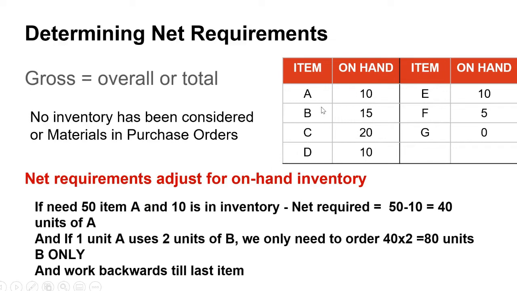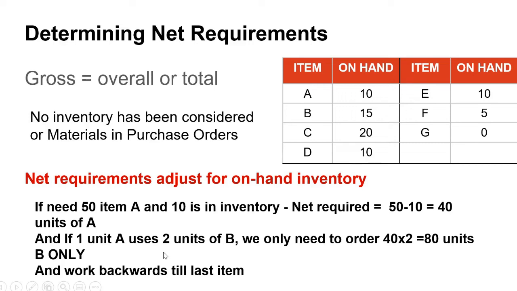So if I need 50 items of A to be delivered on week 8, and 10 is already inventory, the net required is no more 50. The net required is 50 minus 10, which is 40. So 40 units of A only need to be produced because I already have 10. I don't want to produce more than what is required. So this is the net required. And if 1 unit of A uses 2 units of B, we only need to order 80 units of B. Understand?